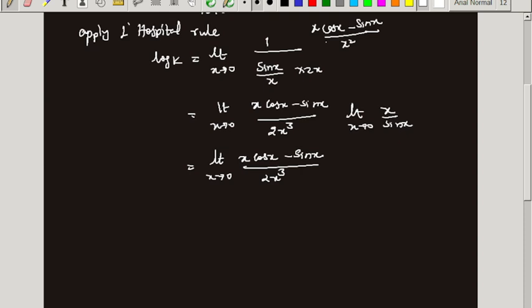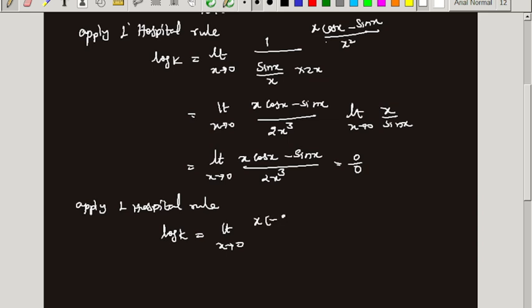So here if we apply 0 we get 0 by 0. So we apply L'Hospital rule. So left hand side we have log k. Here we apply the differentiation, numerator and denominator separately. X into cos x, we apply the product rule.